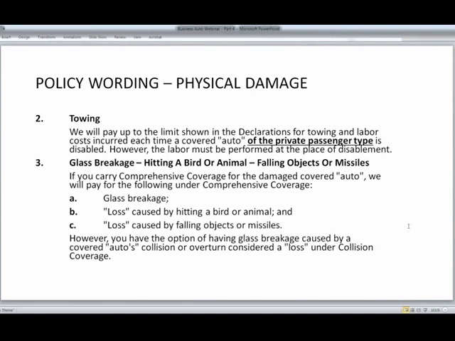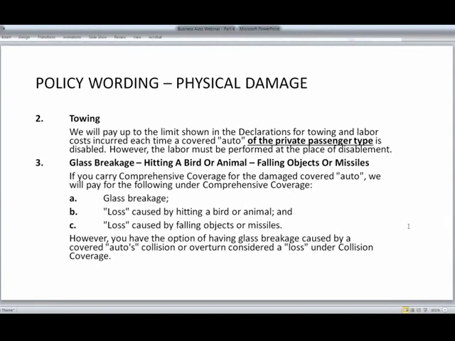So when we discuss which cases would have coverage under comprehensive and not under the specified causes of loss or collision, we'll start with glass breakage. My question to you is, what caused the glass to break? If the glass broke because of heat, and we know in Florida and other places it gets hot enough that we've seen glass crack because of heat, that would not be covered under specified causes of loss and collision, but is covered in comprehensive.